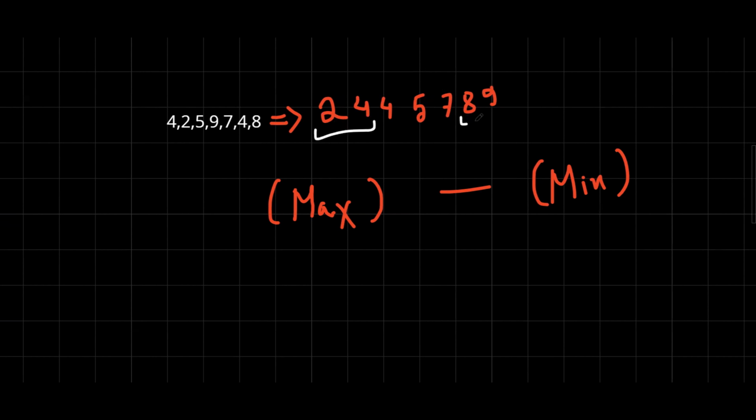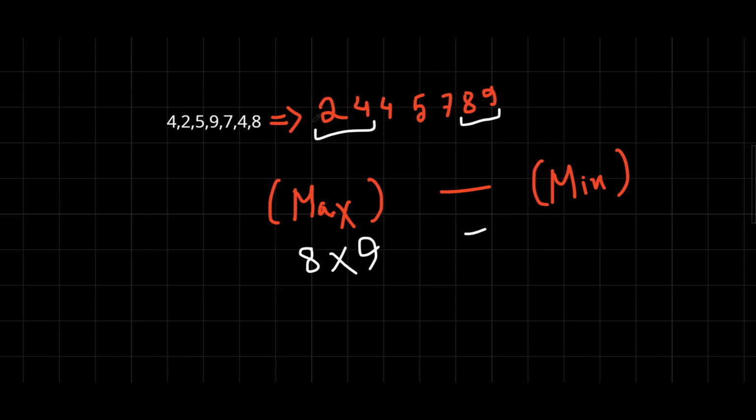Now, we take the first 2 elements and the last 2 elements. For the last 2 elements, their product will be maximum among any pair of this array because they are the topmost maximum elements. So the maximum product will be 8 into 9.